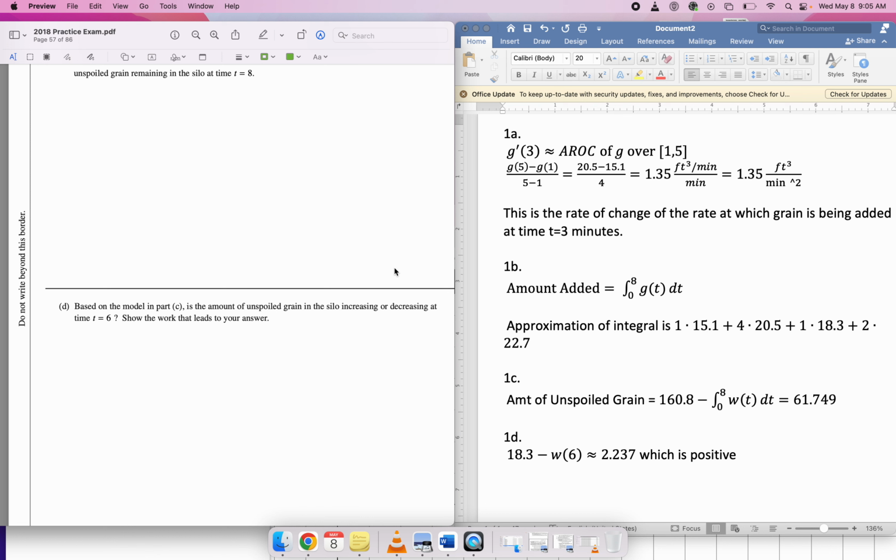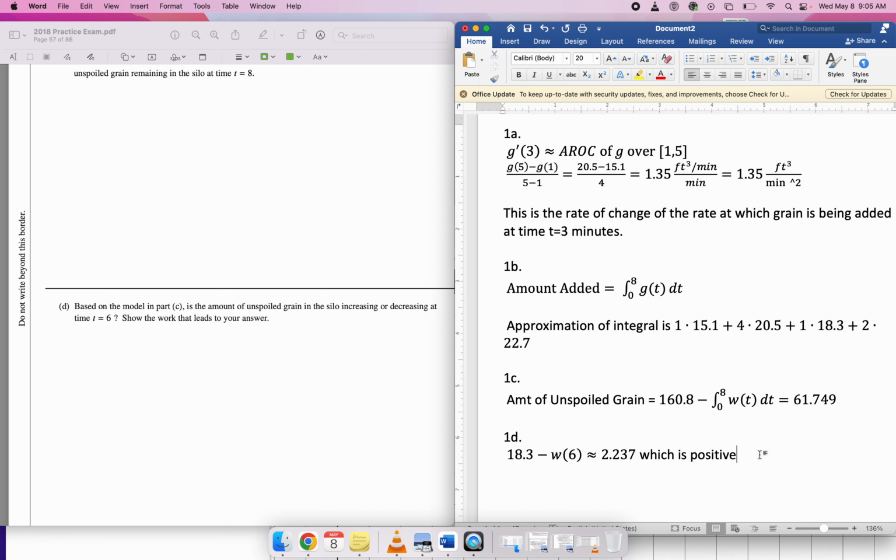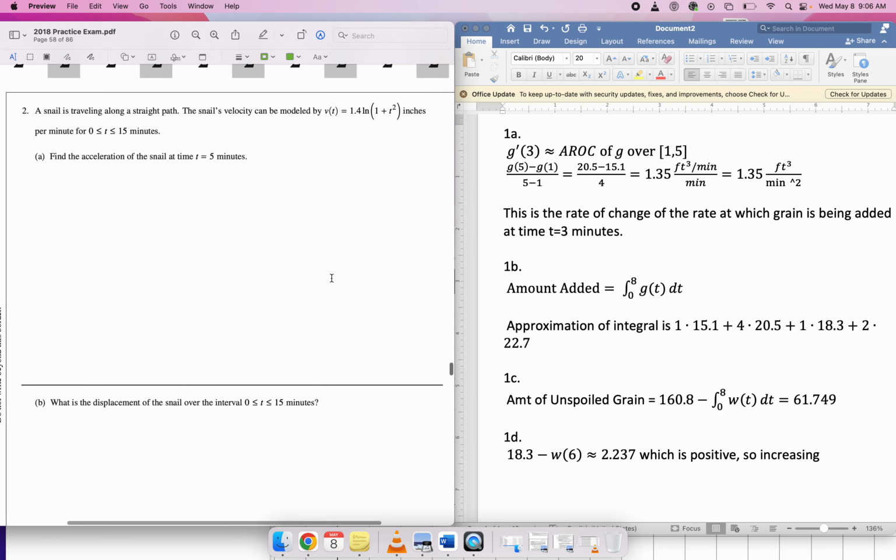That tells me that the amount of unspoiled grain is actually overall increasing. Cool. So that is number 1.